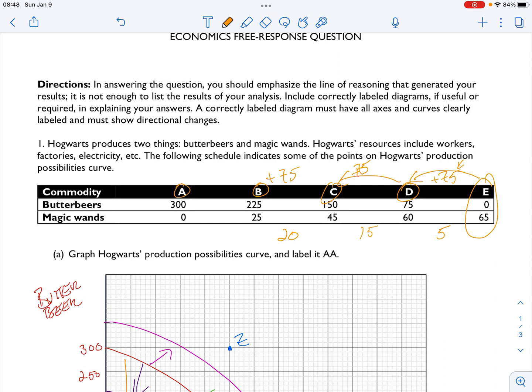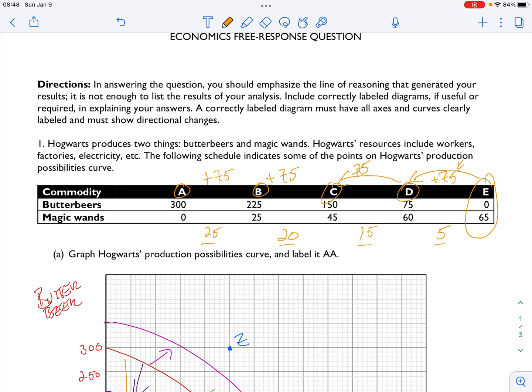The final shift would be from B to A, where you once again gain 75 butterbeers, but those last 75 butterbeers that take you to 300 total cost you 25 magic wands. These 5, 15, 20, and 25 magic wands are where we can see increasing opportunity cost in the production of butterbeers. Understand that if we had gone from A to B, it works exactly the same way.